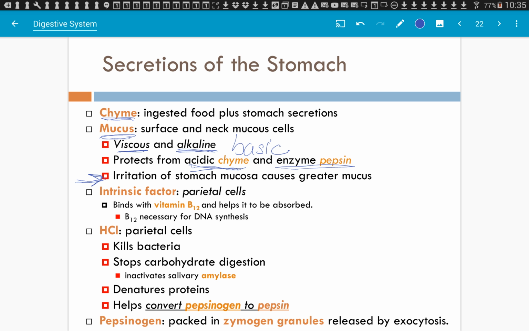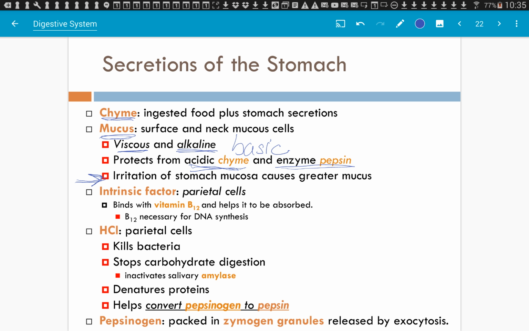Usually it's producing too much acid, which can get through and start causing ulcers. And so not everybody has a perfectly functioning stomach. So in my family, everyone kind of has sensitive stomachs, and yay! Mucus is apparently not doing its job as well in the stomach. Hope you guys don't have to deal with that.